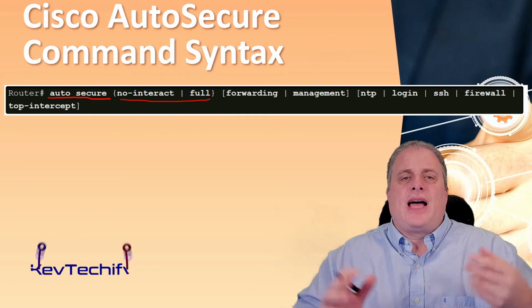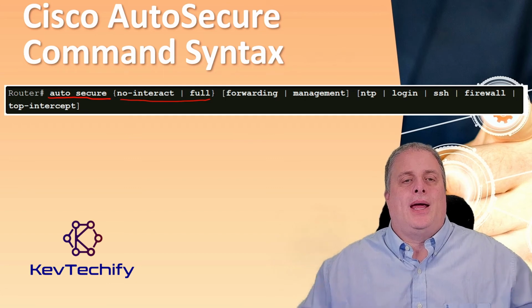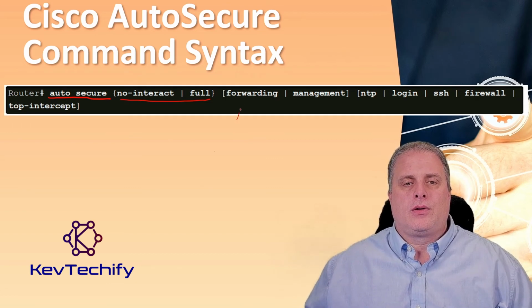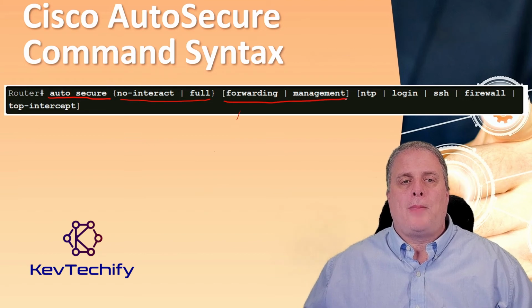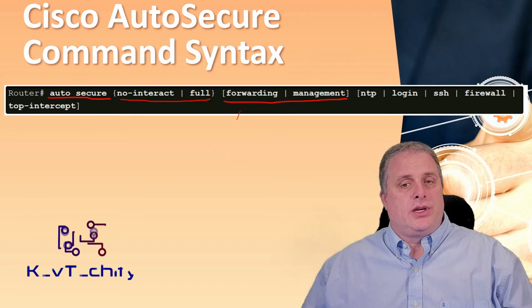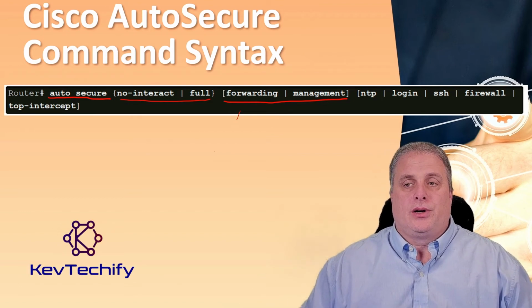No interactive dialogue parameters will be configured, including usernames or passwords. Then we have forwarding or management. Forwarding means only the forwarding plane will be secured. Management means only the management plane will be secured.